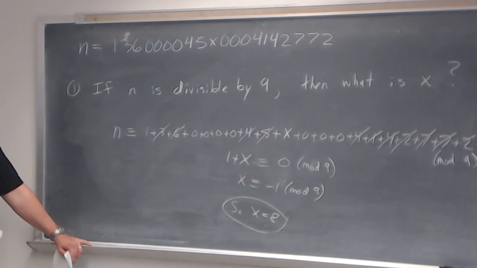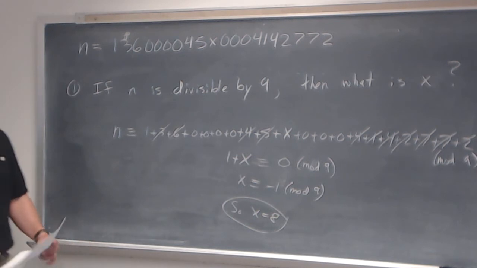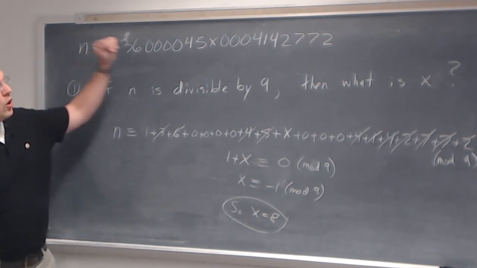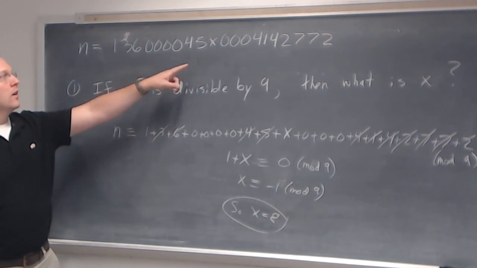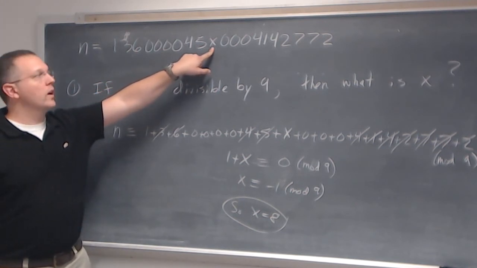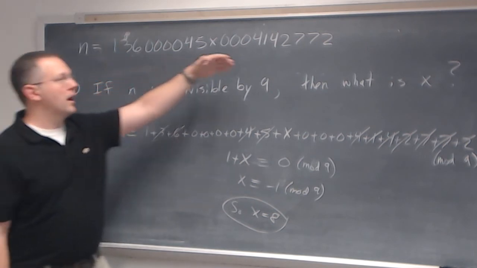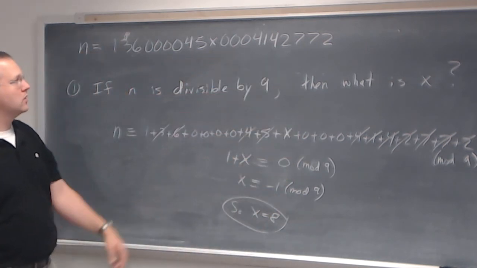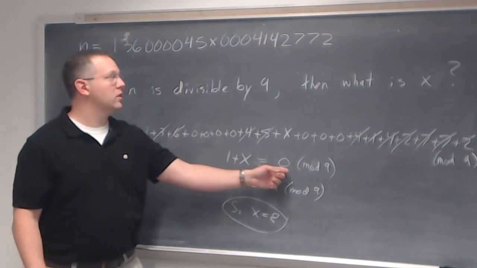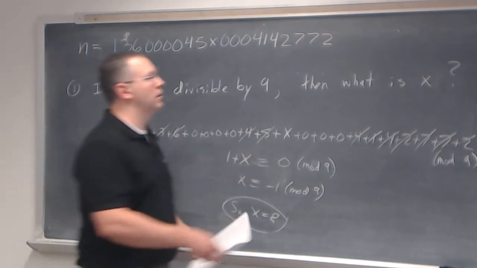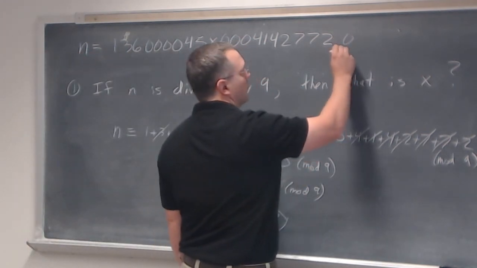So this is the idea of a check digit. If you had a long identification number, you could quickly tell if there was a mistake, however you calculate your check digit. Like in this case, the check digit would be 0. You might have a long identification number and then the last digit would be 0.